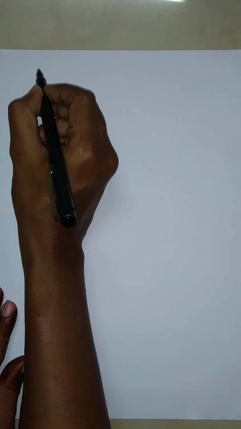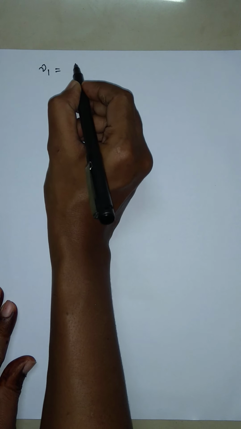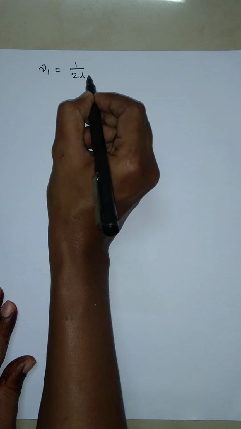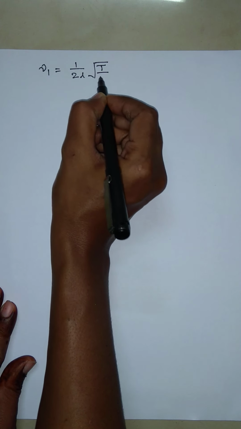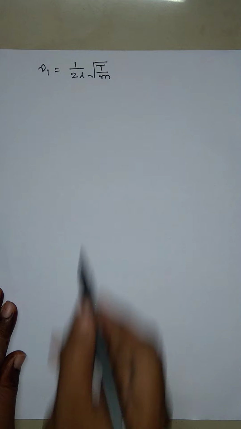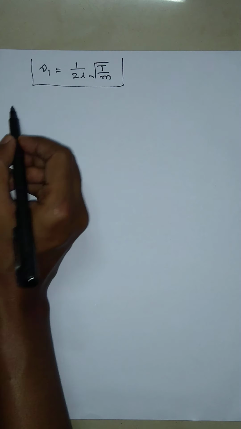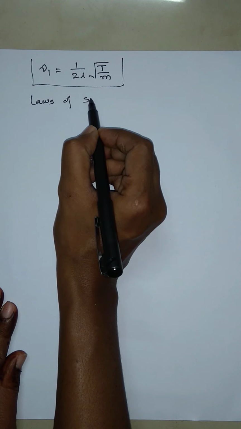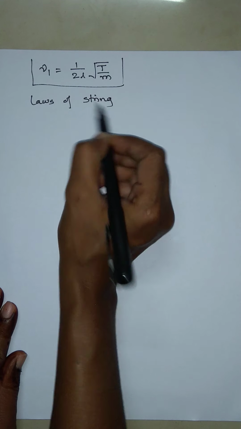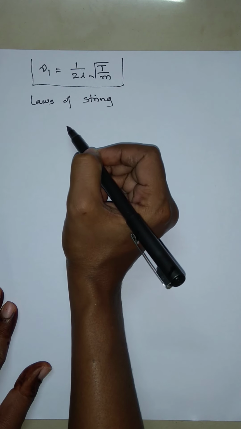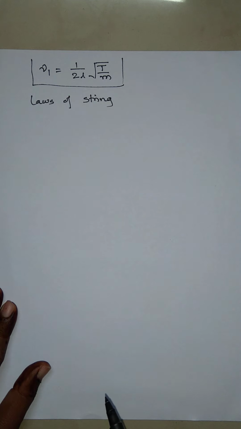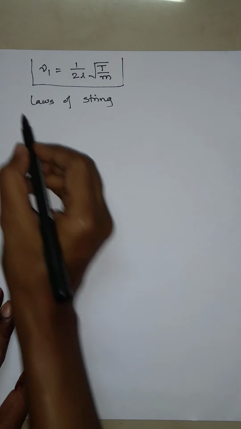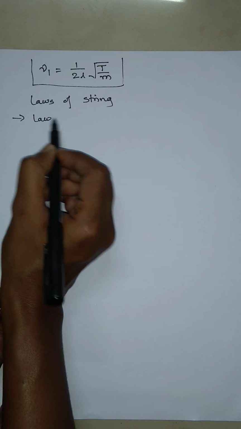Now, as we have obtained the expression for frequency nu 1 to be equal to 1 upon 2L under the root of T by M, this equation gives rise to various laws of vibrations in a string. So which are these laws? The first one is the law of length.